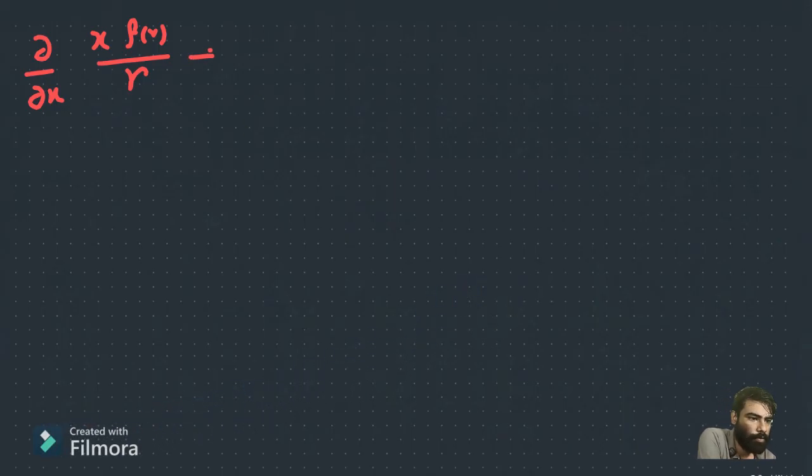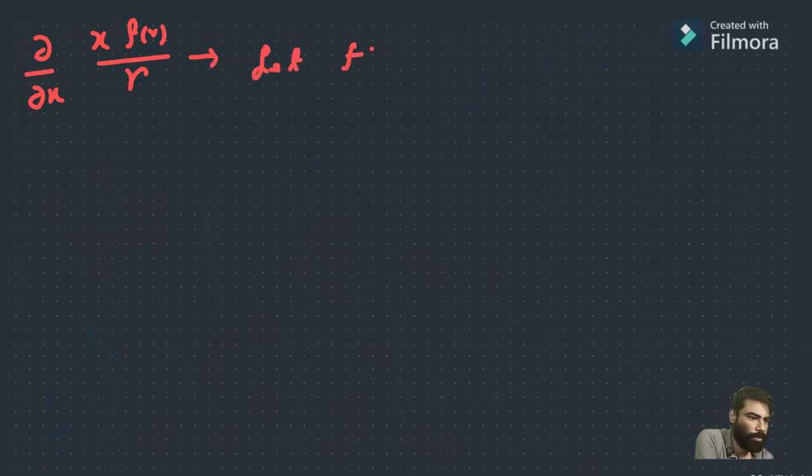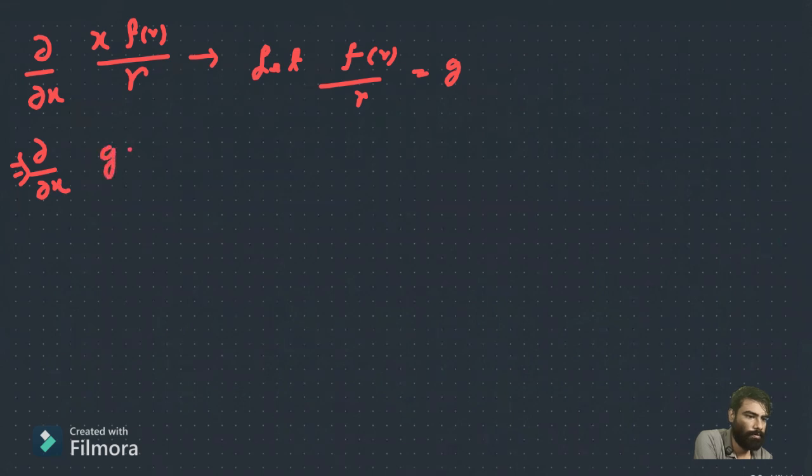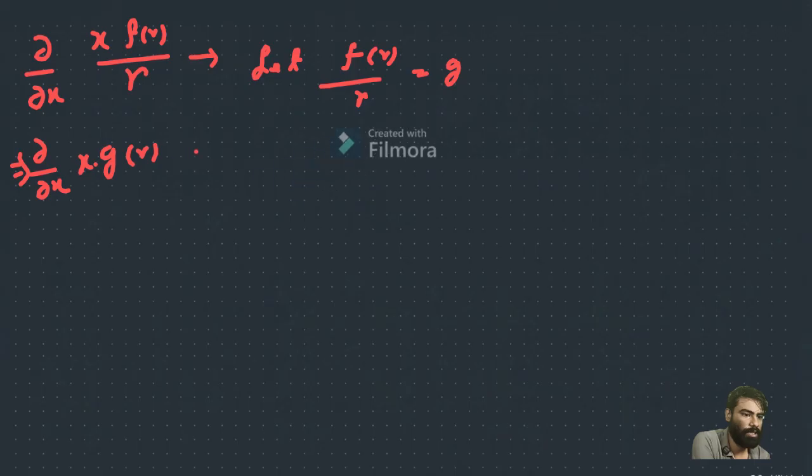But let's start with the first part. How can we calculate this? We can think of f(r) by r as g(r). So we will get del of del x of x into g(r).